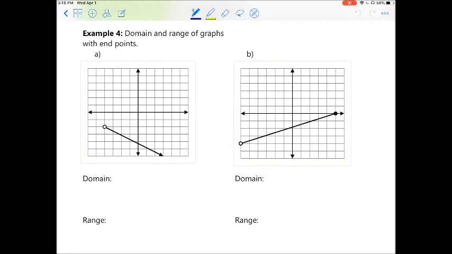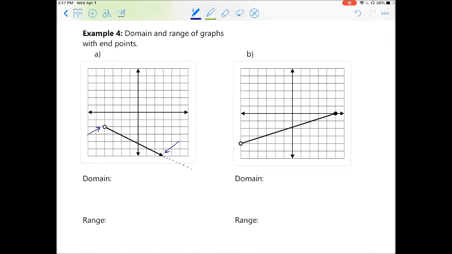We're on example 4, the last example of the day. We're going to look for domain and range of the graph with endpoints. So endpoint means that it's a point that ends the relation. This is not an endpoint because that is, first of all, not a point, it's an arrow, so it's continuing the pattern.